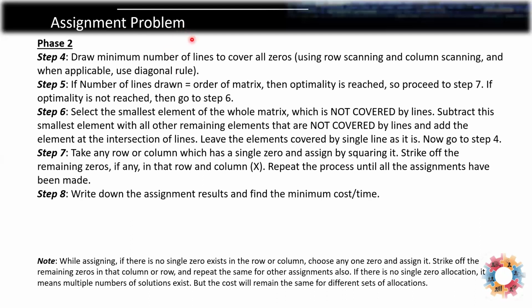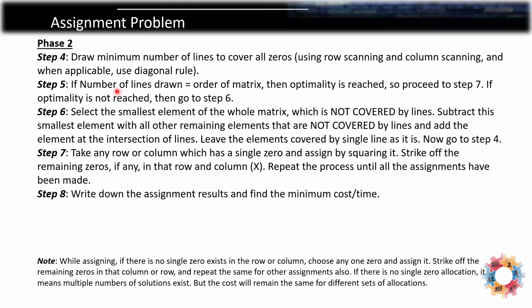Because the objective is to cover all zeros, when some zeros are not covered using row scanning and column scanning, that's the time you use the diagonal rule.